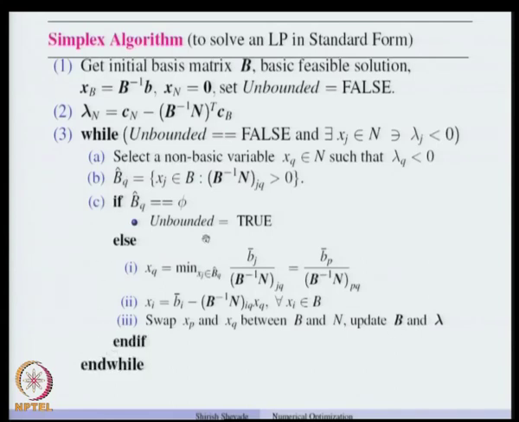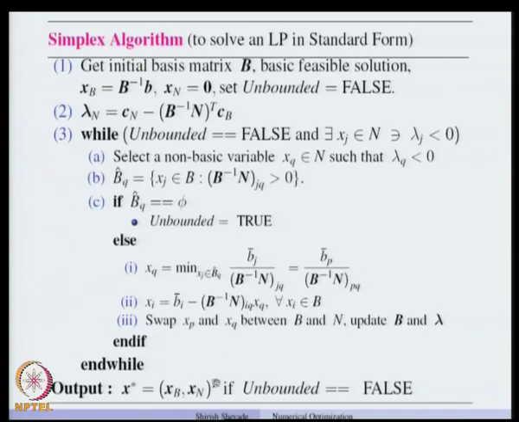Next time, if unbounded is false, and there still exists some lambda associated with non-basic variables which is negative, then there is scope for improvement in the objective function, and we move to the adjacent extreme point. This procedure is repeated until either unbounded equals true, which means that the problem is unbounded, or we get into a situation where the lambda_N's are all greater than or equal to 0, and we have reached optimality.